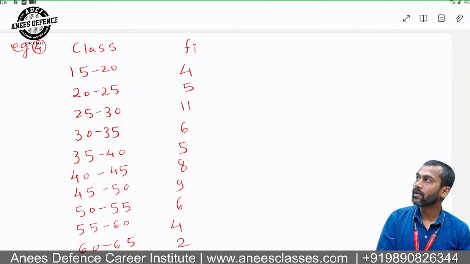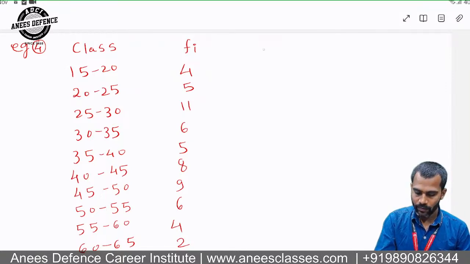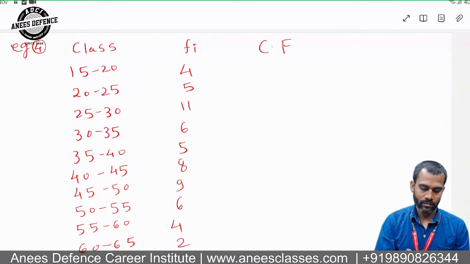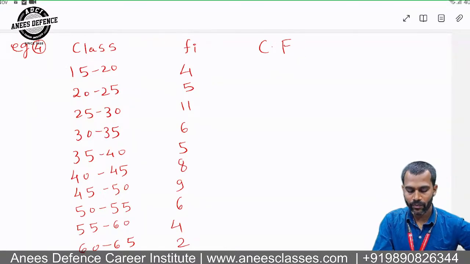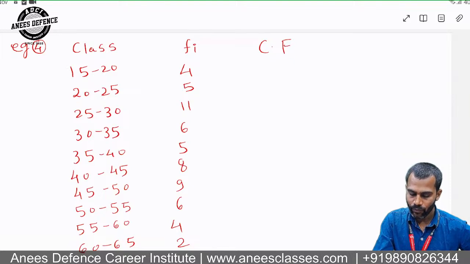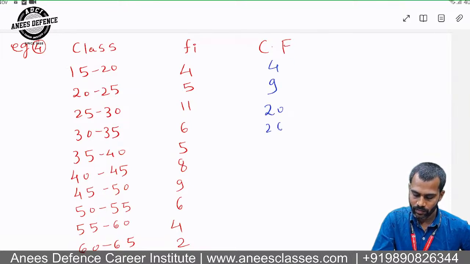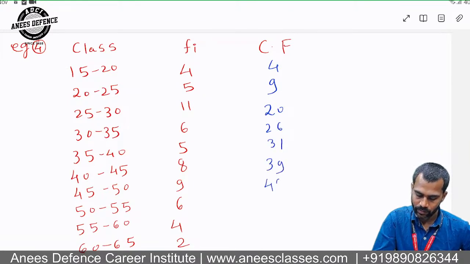So these are the frequencies, and we have cumulative frequency. What is cumulative frequency? Tell me. 4, 9, 20, 26, 31, 39, 48, 54, 58, 60.